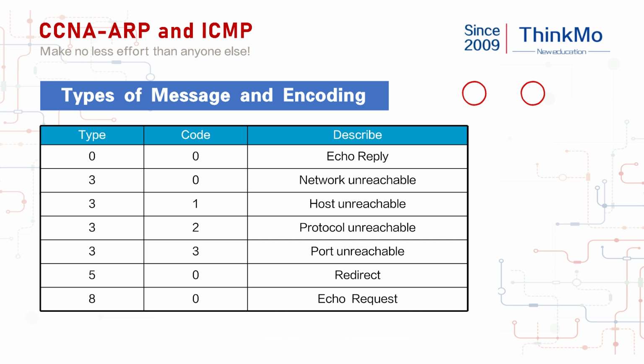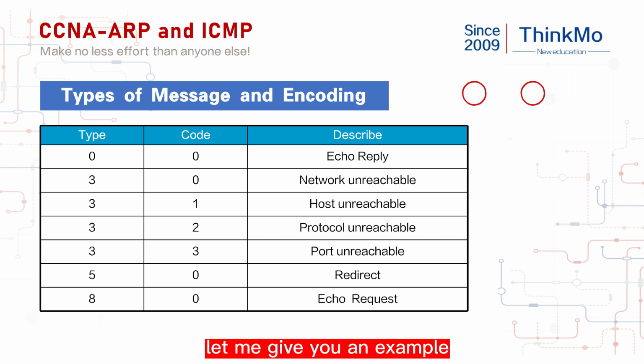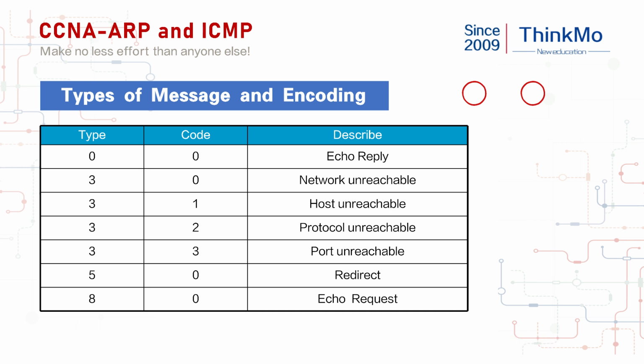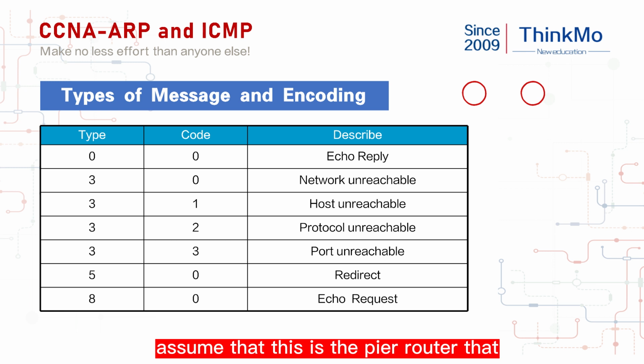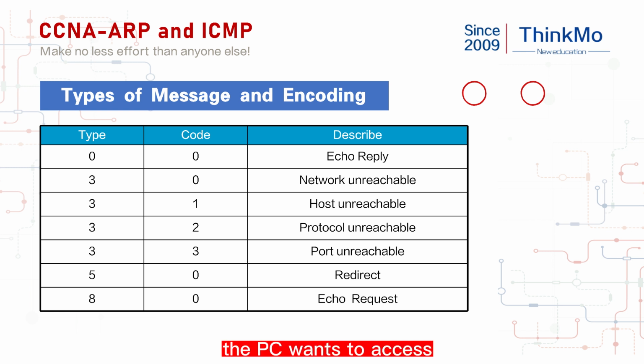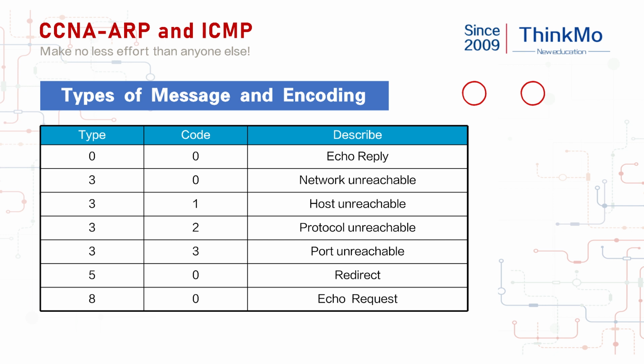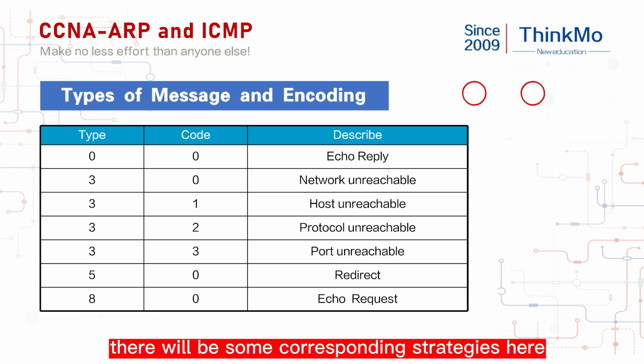What does it mean? Let me give you an example. This is a PC. There is a router on the public network in the middle. Assume that this is the peer router that the PC wants to access, connected to each other. Now the sender wants to access the peer. Generally speaking, there will be some corresponding protection strategies here.